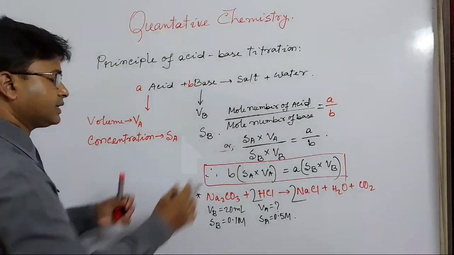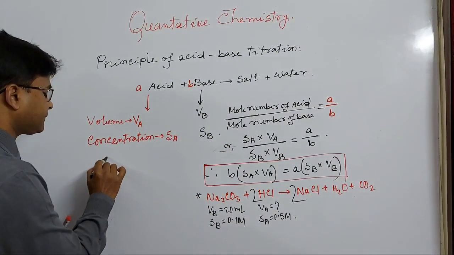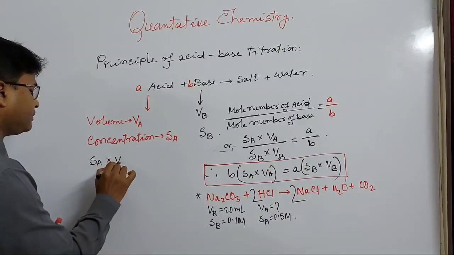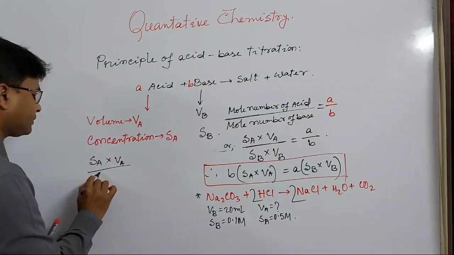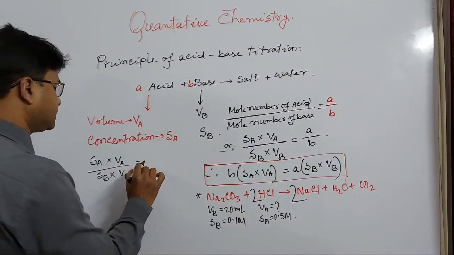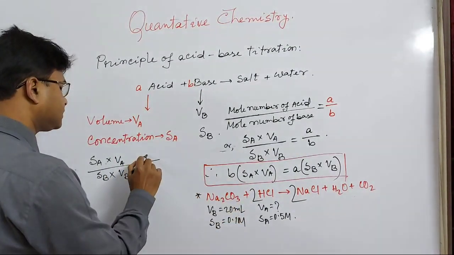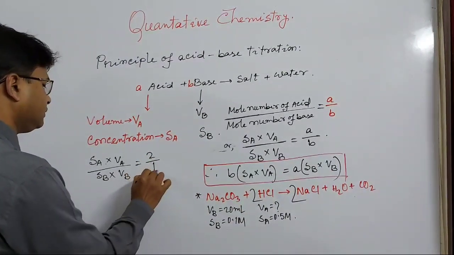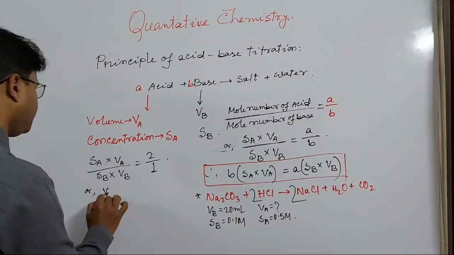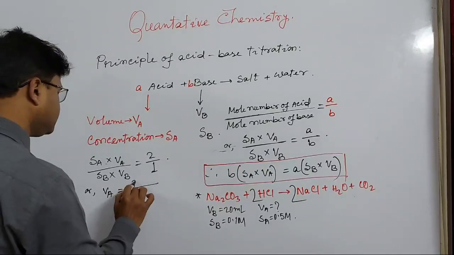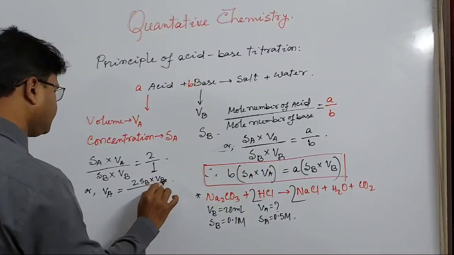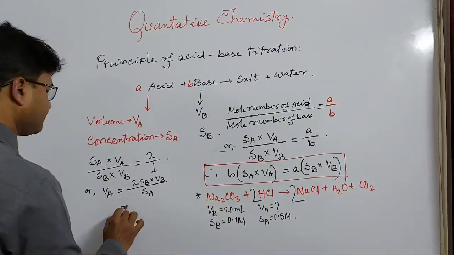Students, according to this principle, I can write here SA into VA divided by SB into VB is equal to mole number of acid 2 divided by mole number of base 1, and I can write here VA is equal to 2SB into VB divided by SA.